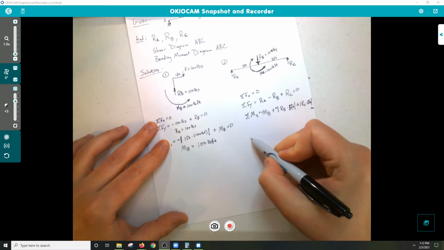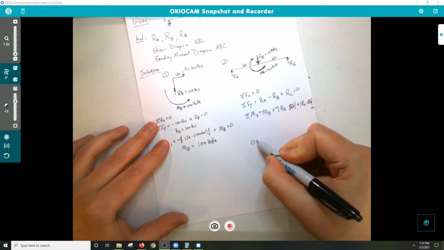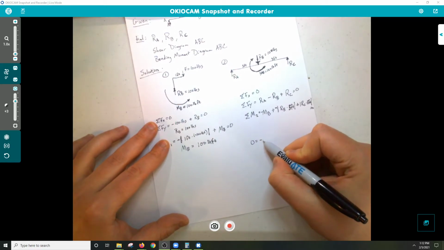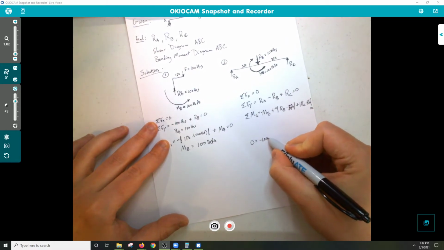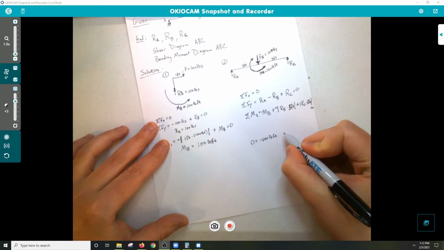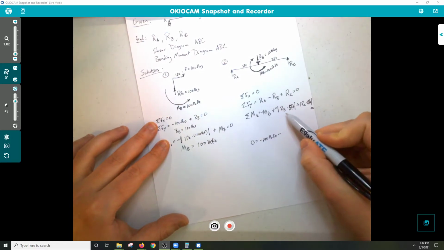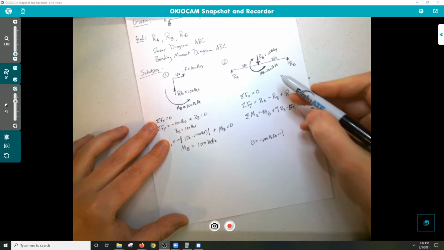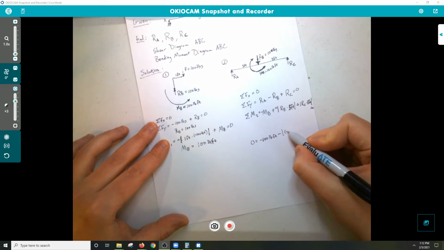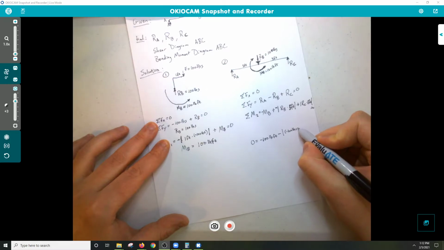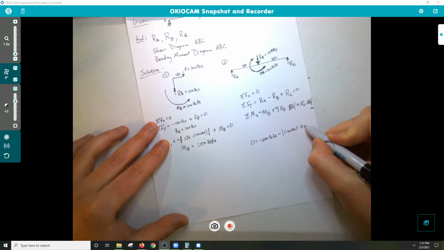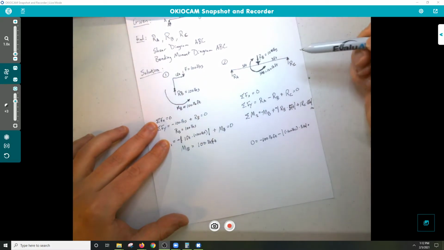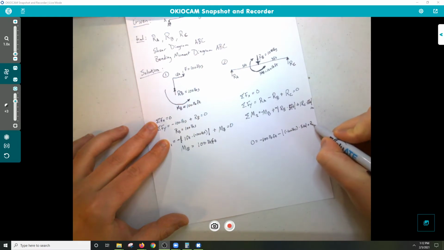All right, so this one, 0 is equal to negative 100 pound-feet, minus absolute value bar, reaction of B. So we had negative 100 pounds times our 5 feet plus RC, which we don't know, times 8 feet.